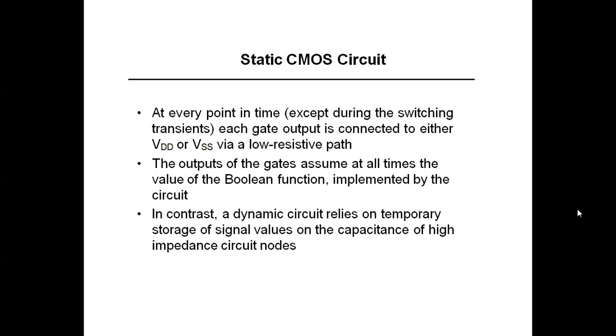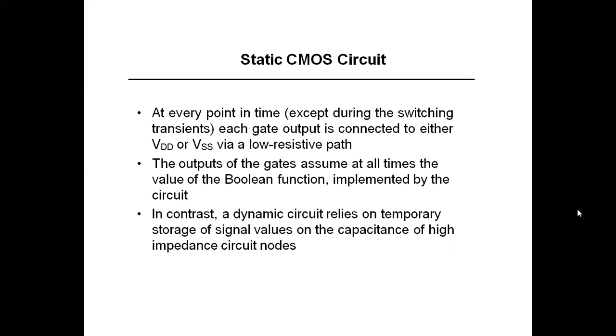The output of the gates assumes at all times the value of the Boolean function implemented by the circuit. In contrast, a dynamic circuit relies on temporary storage of signal value on the capacitance of high impedance circuit nodes.